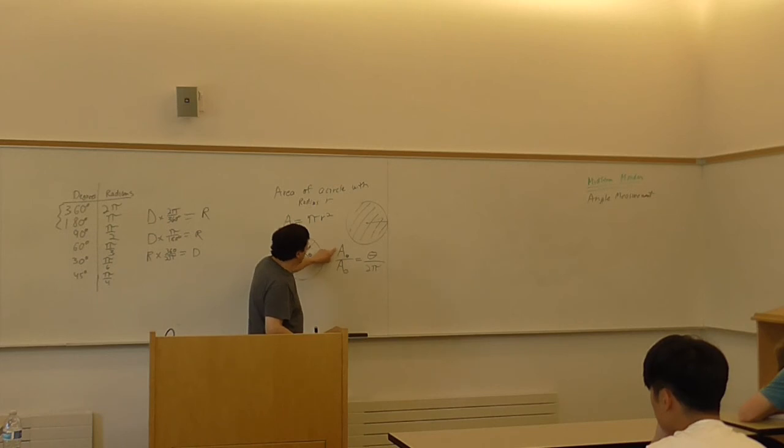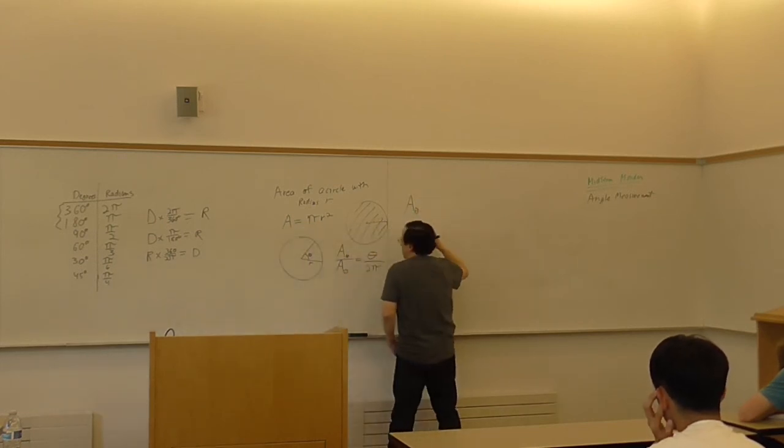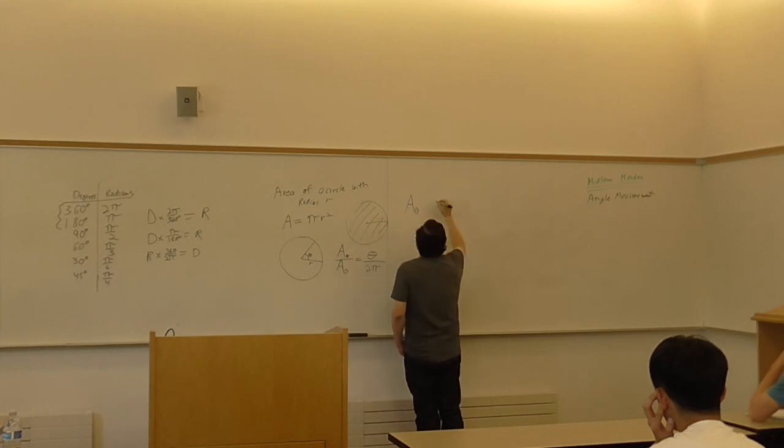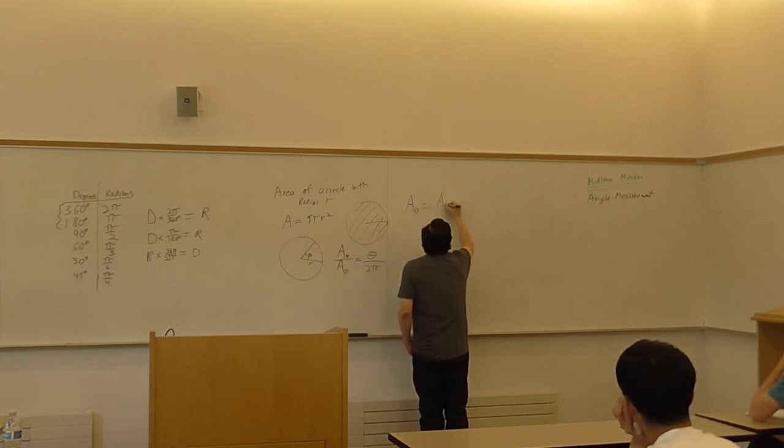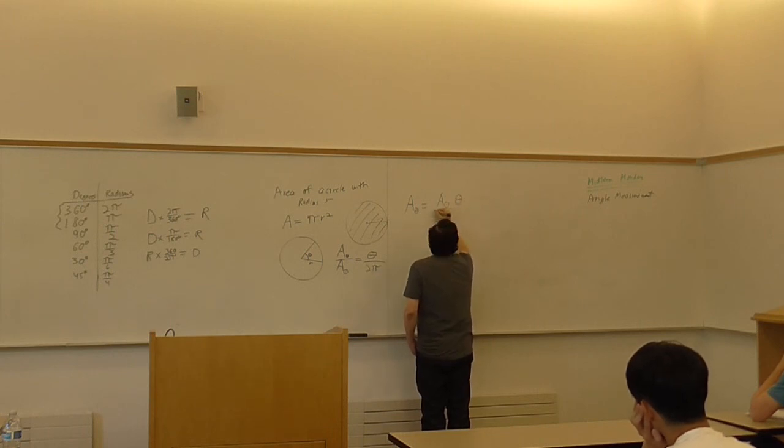Okay, this is what I want to know. So the area of my sector is going to be area of my circle times theta over 2 pi.